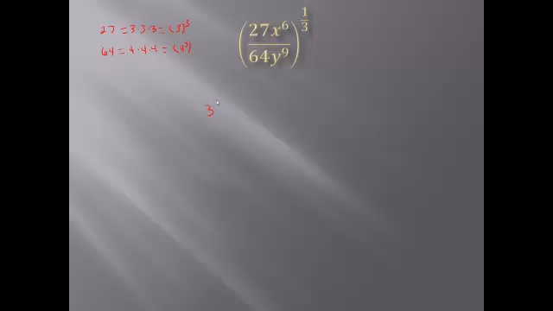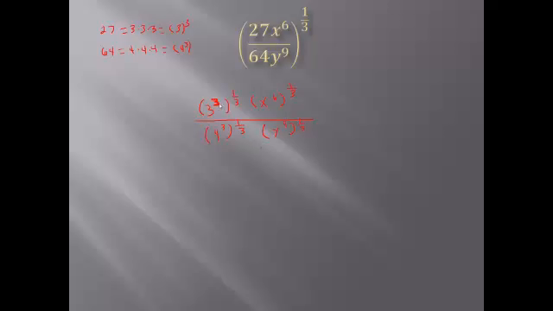So 27, or 3 to the third power, raised to the 1/3 power, x to the 6th power raised to the 1/3 power, all over 64, which is 4 to the third power raised to the 1/3 power, and y to the 9th power raised to the 1/3 power.